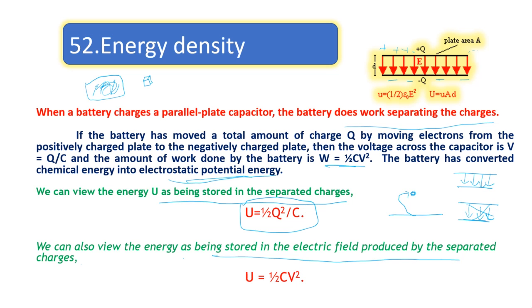We can also view the energy as being stored in the electric field itself, created by the separated charges. In that case, I should not write it as half Q square by C, but as half CV square. Potential is another way of defining field.